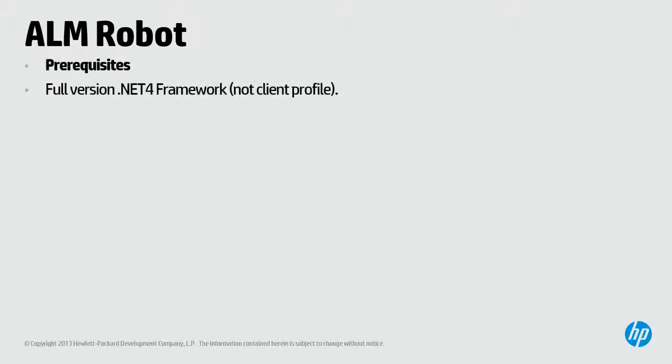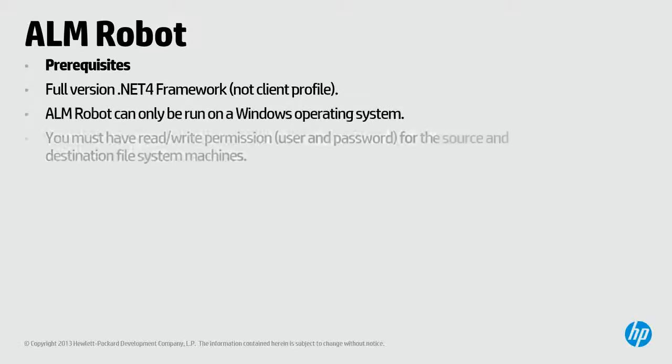Okay, so prerequisites. It's pretty much the client. If you guys have seen the ALM client requirements, it's pretty much that. The .NET Framework 4 is used for the ALM client. Well, guess what? Same thing here. Only on a Windows operating system, not Apple, not Linux. It has to be on Windows. You've got to have read-write permissions for the source and destination file server system machines.